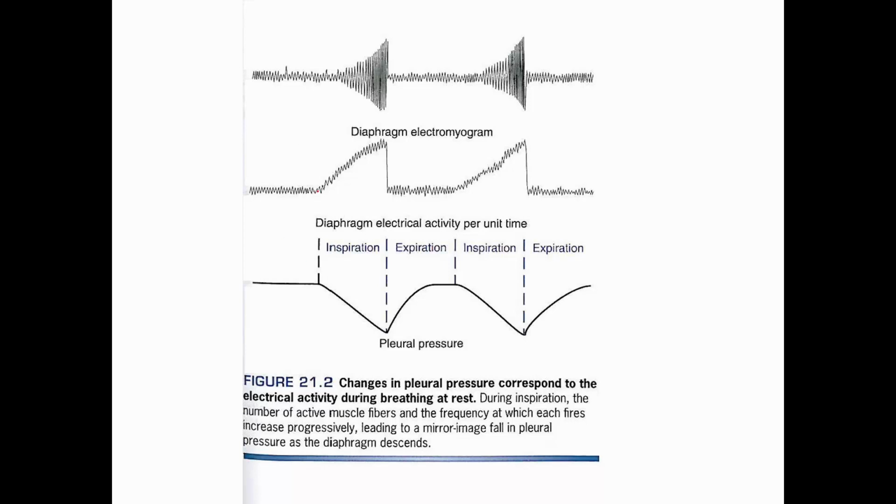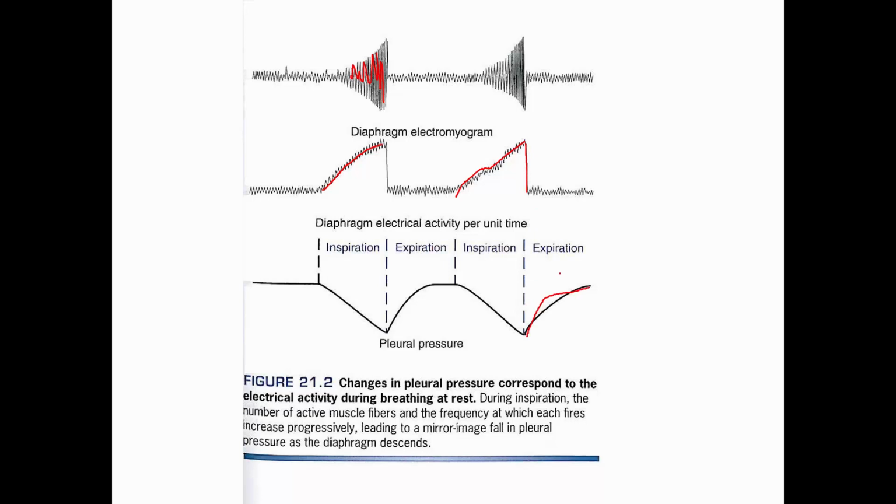But notice, while we're inspiring, there's a higher and higher activity, or a higher frequency of activation in the diaphragm. And then it stops. And then we exhale. Then the activity builds up again. We inspire, and then it stops, and then we exhale.